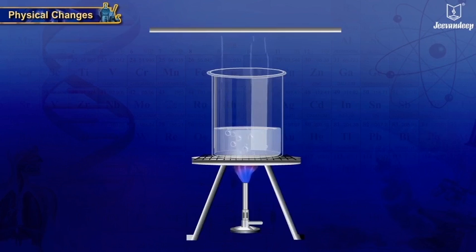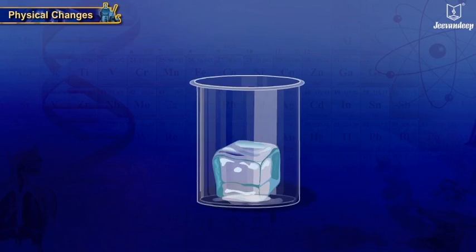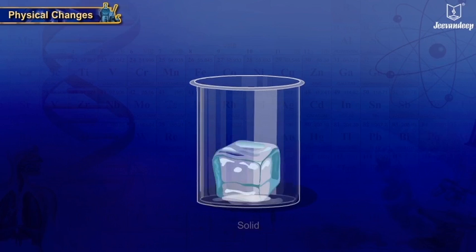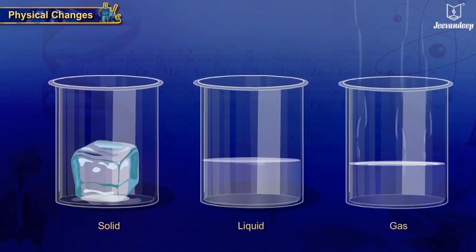Vapors are condensed back to water and then ice. In this whole process, the form of matter, that is water, keeps changing from solid to liquid and to gas, but the chemical constituent remains H2O for all of them.